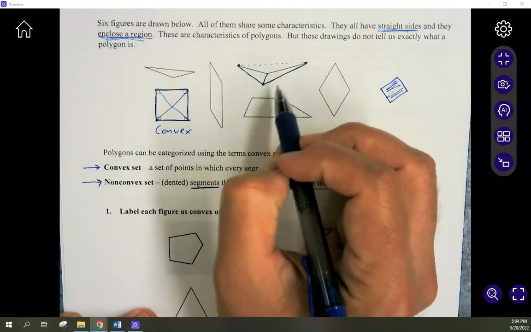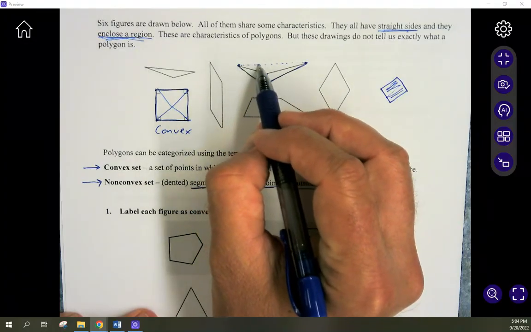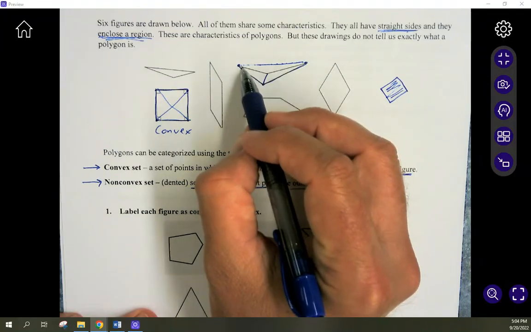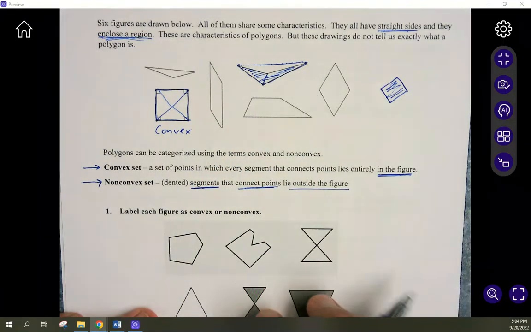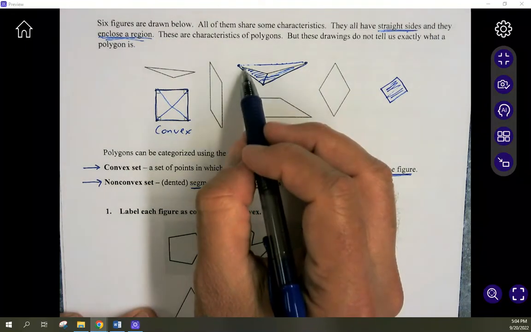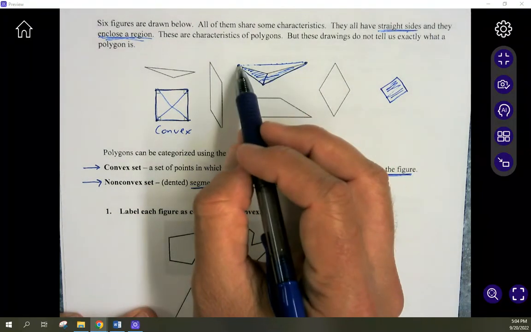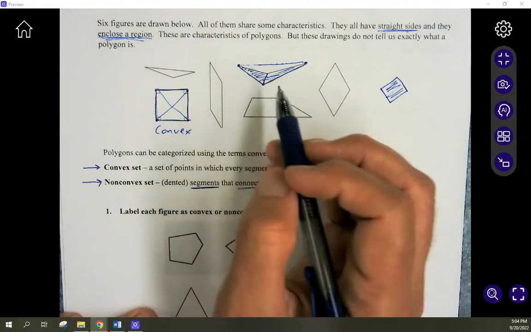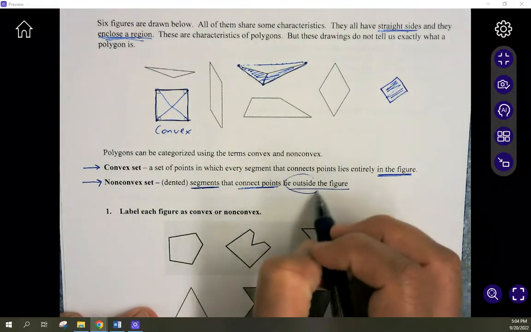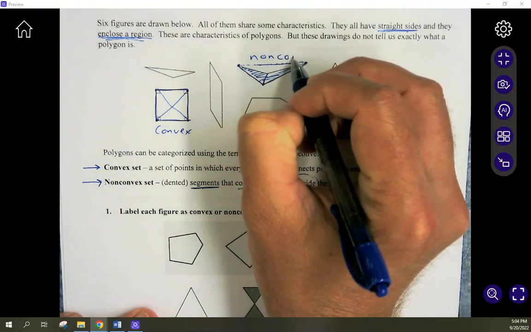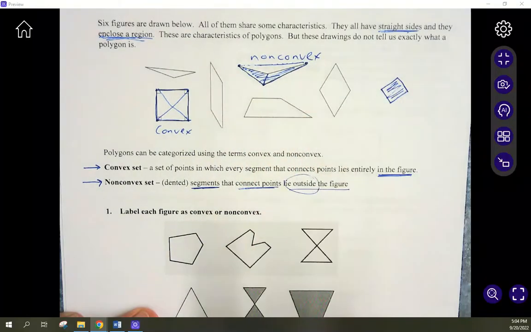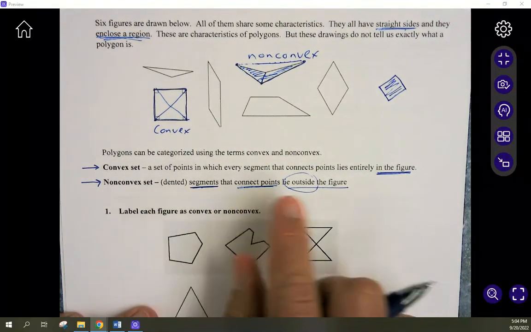A segment is solid though. If I connect them with a segment, that segment is not enclosed inside the figure. The figure covers all of this area, and that line connecting 2 of the points lies outside the figure. And this is non-convex.